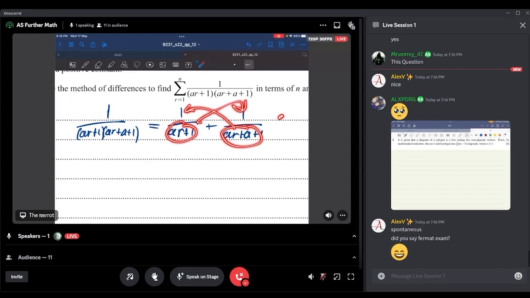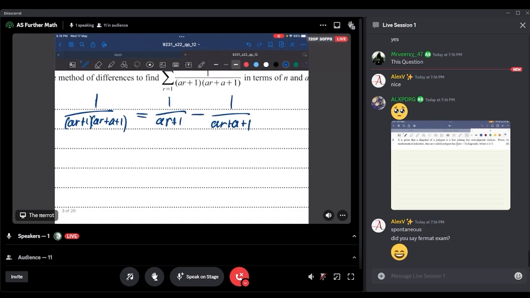So what you want is to cancel the r somehow. And to do that, we just have to change this into a negative. So (Ar plus A plus 1) minus (Ar plus 1), and you can see that this cancels. And so you just have A at the end.